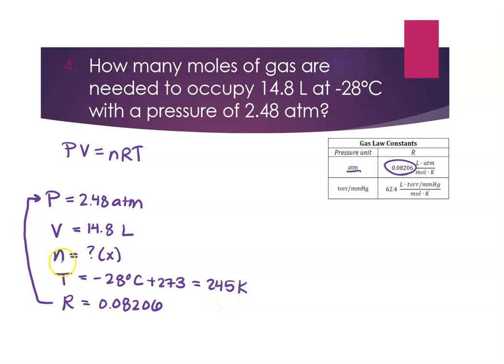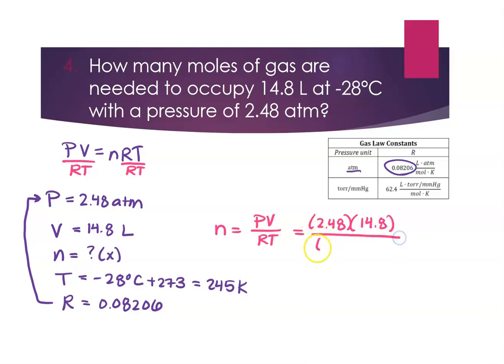So let's rearrange our equation. We're solving for n, so we're going to need to divide both sides by RT. So n is equal to PV over RT. P is 2.48, V is 14.8, R is 0.08206, and T is 245.